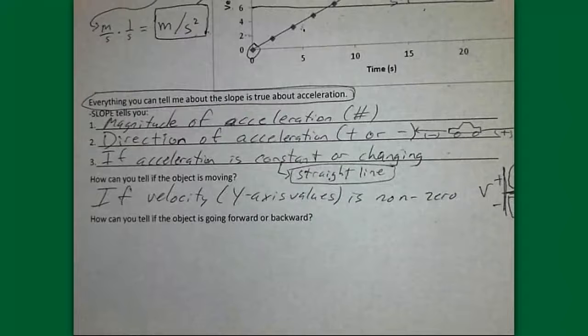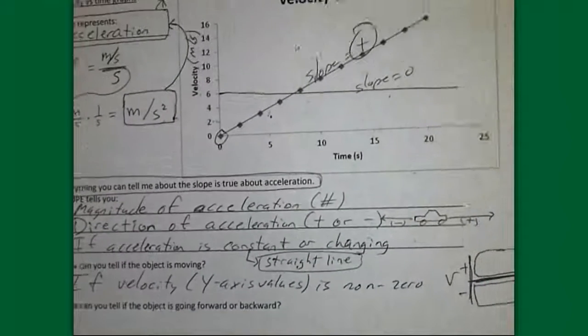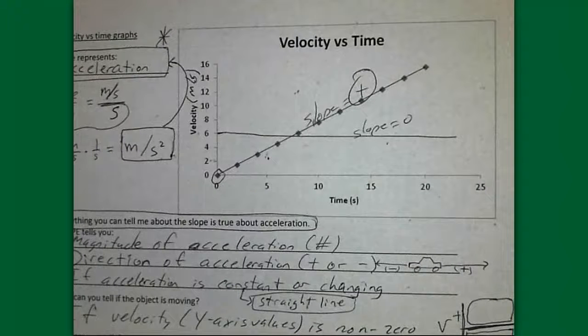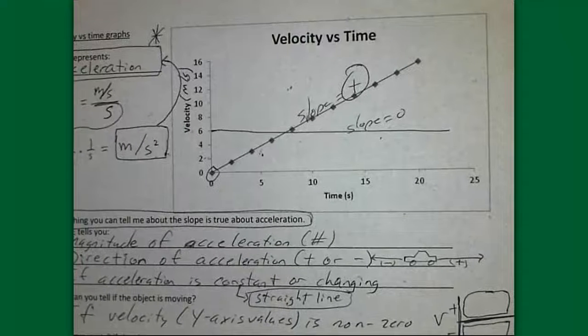Second question, how can you tell if this object is going forward or backward? Pause the video now and think about it. All right, we can tell if this object is going forward or backward based on, well, let's run back to position versus time first.